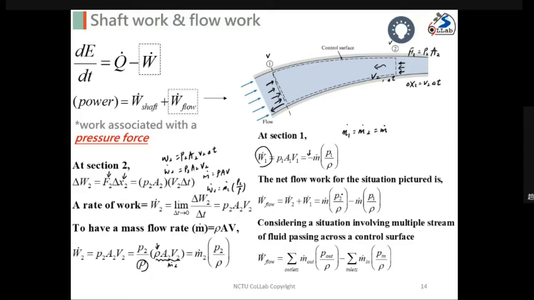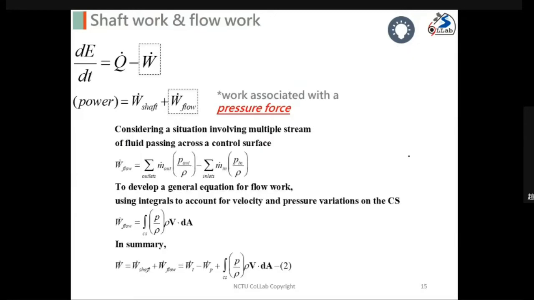So we can rewrite the flow work rate as the flow work rate 2 and the flow work rate 1. So the m rate P2 divided by rho minus m rate P1 divided by rho. And if we consider a situation involving multiple processing areas, then we will have the sum of the outflow and the inflow energy.